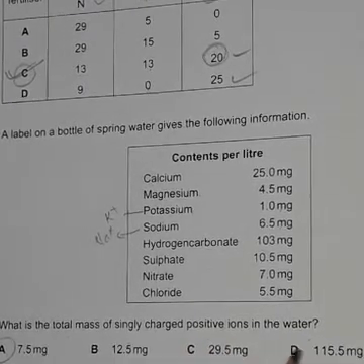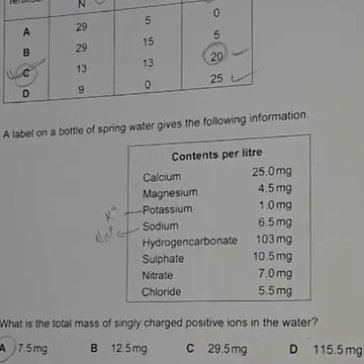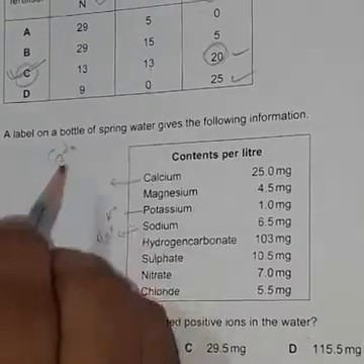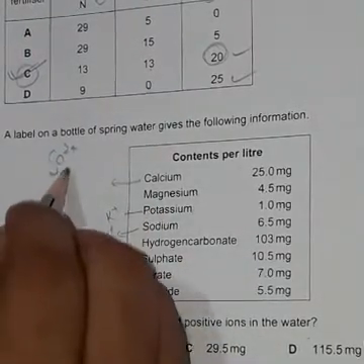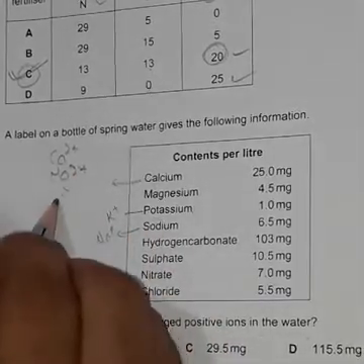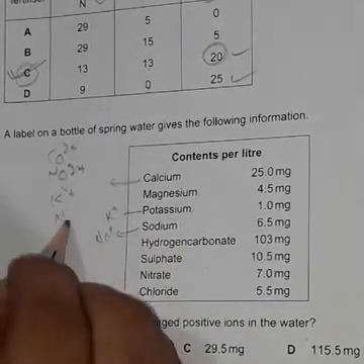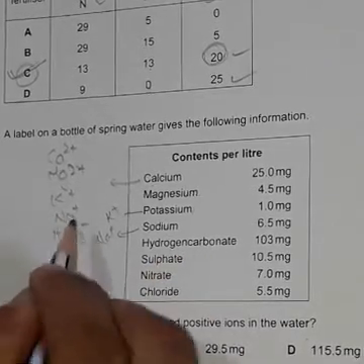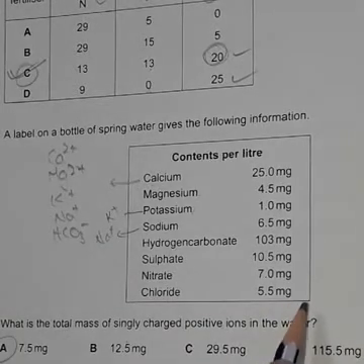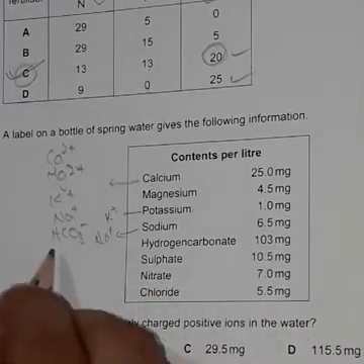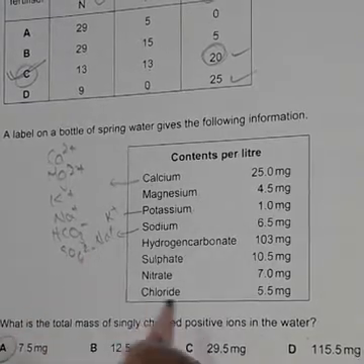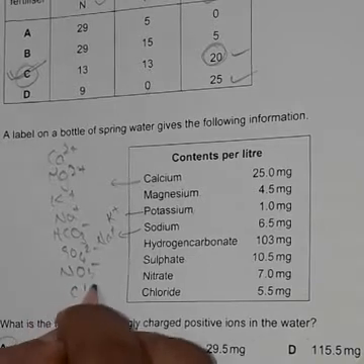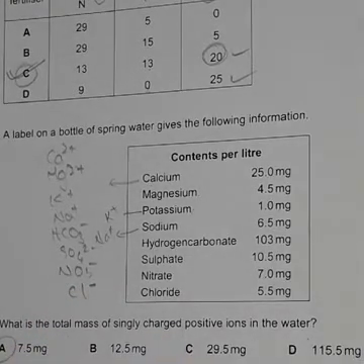To answer this question, you have to know calcium is Ca2+, magnesium Mg2+, potassium K+, sodium Na+, hydrogen carbonate HCO3−, sulfate SO4 2−, nitrate NO3−, chloride Cl−. You have to know these things.